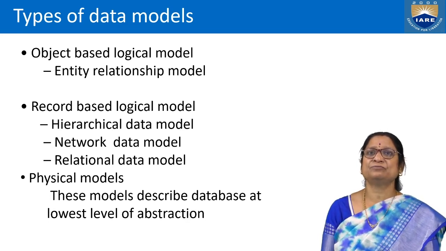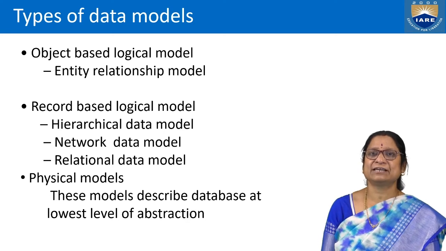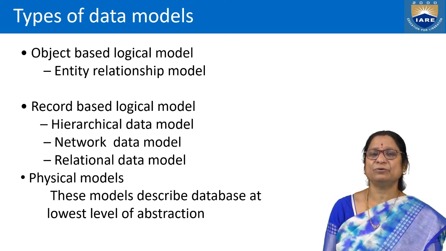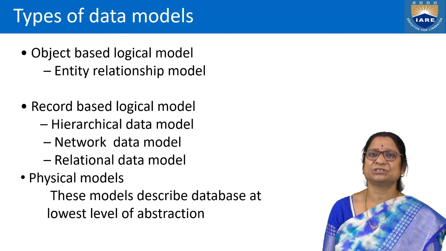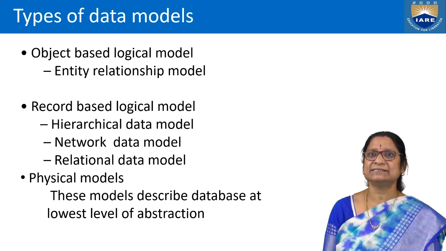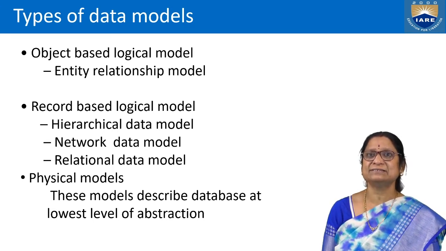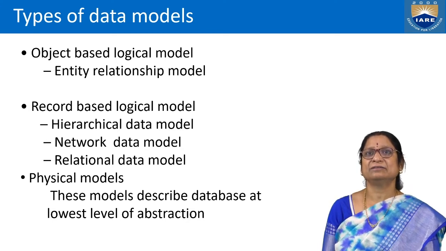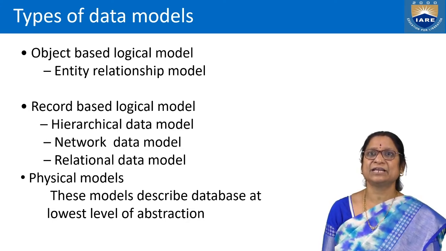There are three kinds of record-based logical models: hierarchical data model, network data model, and relational model. As we discussed in the previous slide, hierarchical and network models started in the 60s and 70s. In the early 70s, this relational model came into the picture. The hierarchical and network data models were not used much in our applications actually.